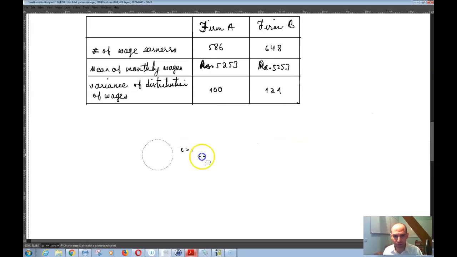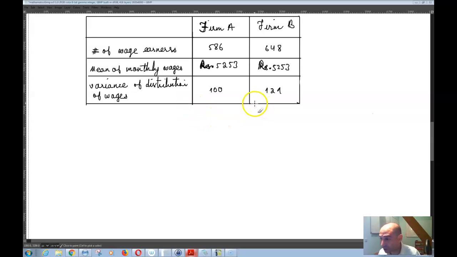So now the questions that we want to answer are: which firm, A or B, pays a larger amount as monthly wages, and which firm, A or B, shows greater variability in individual wages.